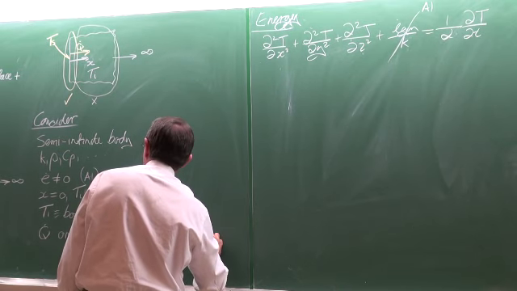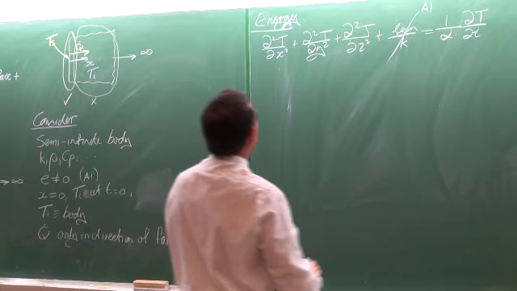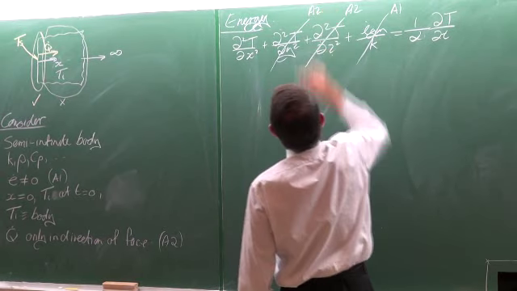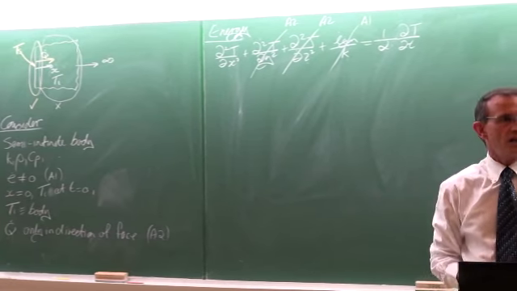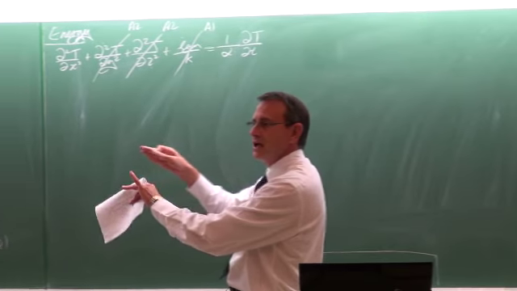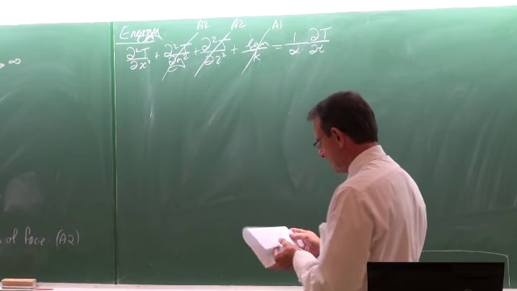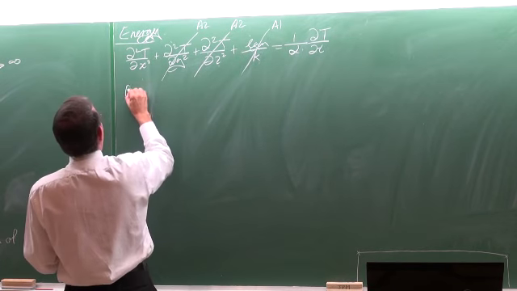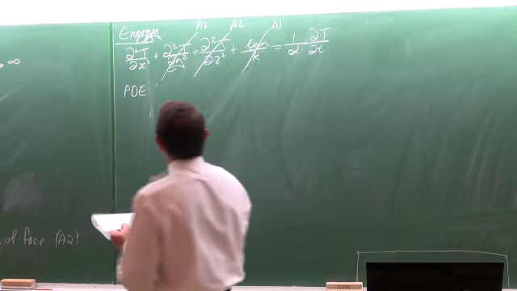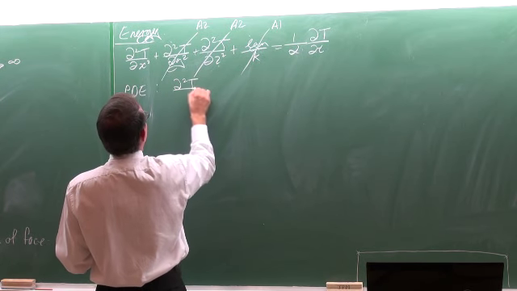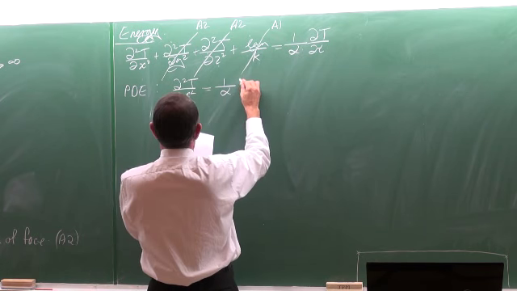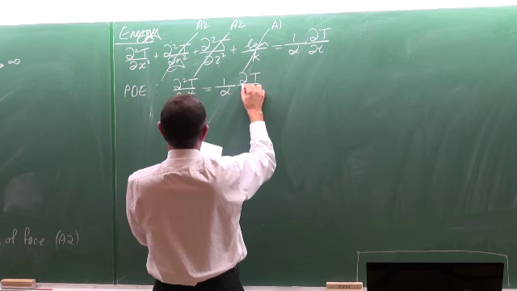So this is going to be our assumption 2, and assumption 2 takes care of those two terms. No temperature gradients in the y direction and no temperature gradients in the z direction. Everything changes only in the x direction. So we've got now a partial differential equation, which says partial d2T/dx squared is equal to 1 divided by alpha multiplied by partial dT/dt.